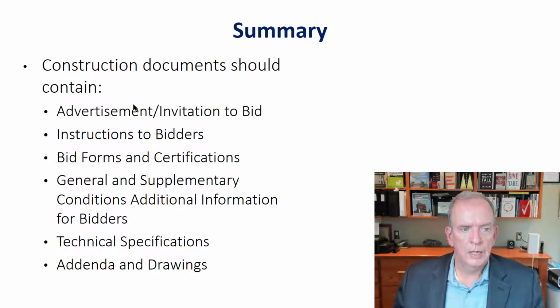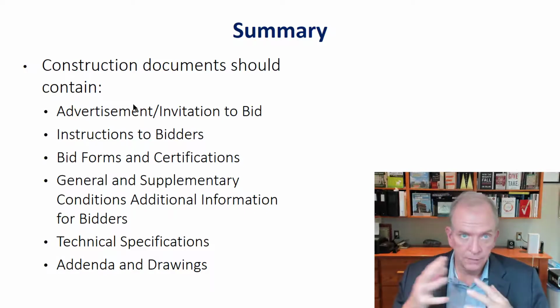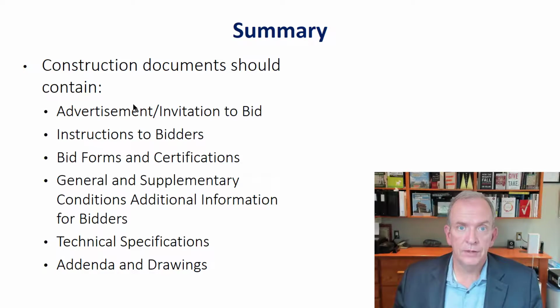So we've looked at advertisements and invitation to bid, RFPs. We also looked at instructions to bidders, bid forms, certifications, general and supplementary conditions, additional information to bidders, addendums, technical specifications, MasterFormat, drawings, how that integrates the different types and how they work together, and how we start to pull information out from it.